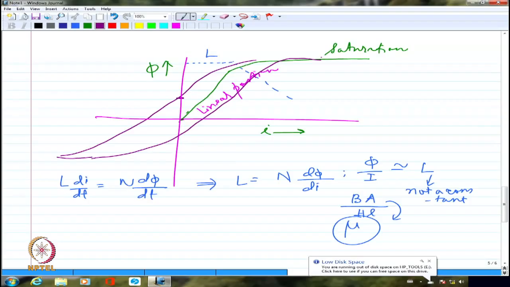I can't really rely on that because it's not a linear behavior in all probability. So I'm going to have a big problem because of the non-linear behavior that is happening in my transformers or any other ferromagnetic core. So we'll continue with this and then we will slowly move on to transformers from here. Okay?